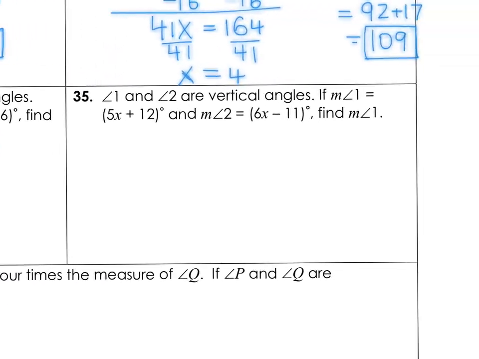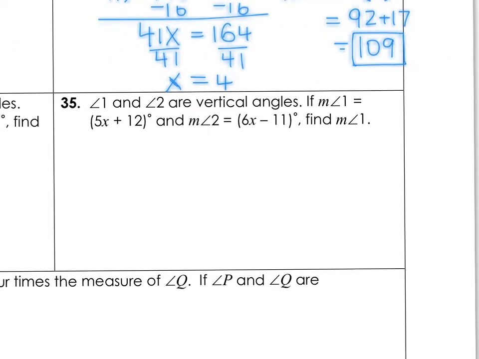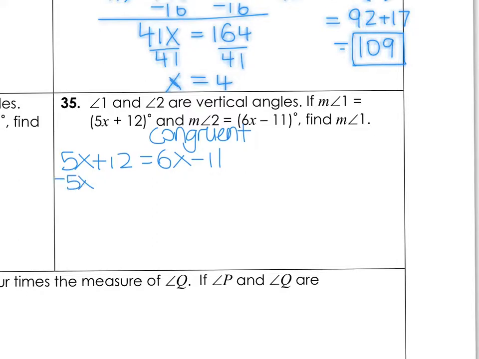Okay, coming over here, vertical angles. Once again, we talked about these before. We know vertical angles are congruent, equal. So we set two expressions equal to each other. I'm going to subtract 5x. You can choose to solve this however you like.